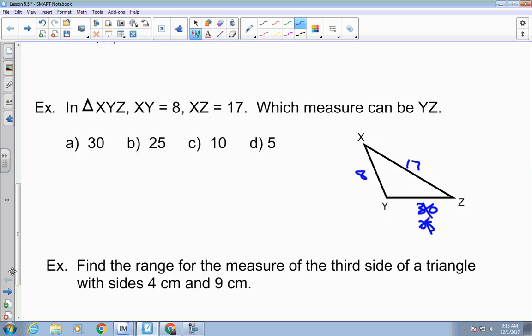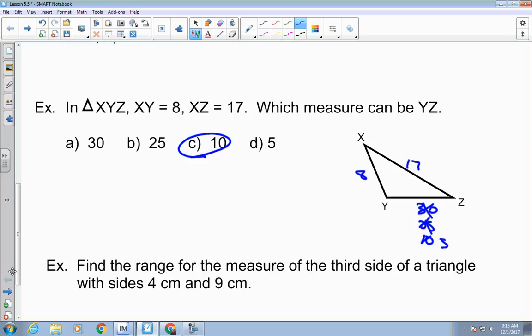No. 10. That one would work, okay? What about 5? No, 8 plus 5 is not greater than 17. So my answer here is C. 8 plus 10 is greater than 17, but 8 plus 5 is not greater than 17.